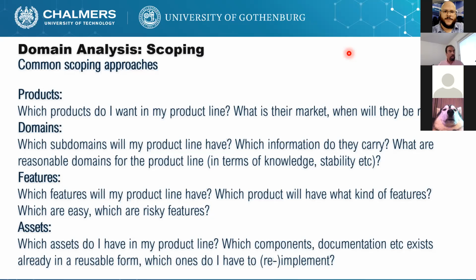Then we look at our assets. Which assets do you have in your product line, and the components that will be part of it, the documentation, and how this would help us in a future reusability posture, and how the company can benefit from re-implementing such domain and product line into future products.